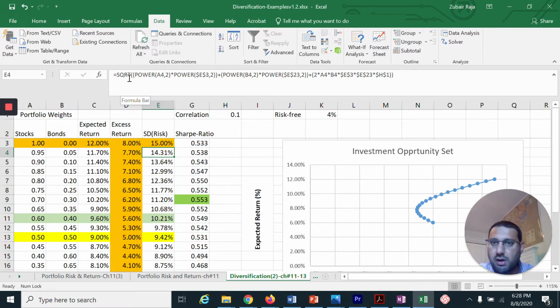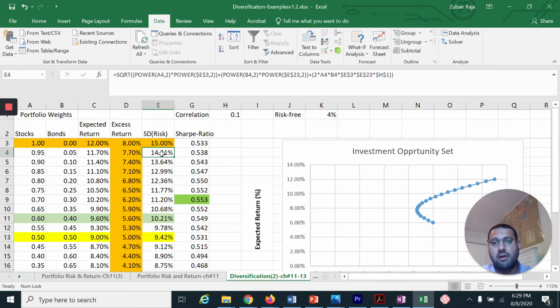So I took the square root, and inside that it's the sum of 3 terms, where the first term is the square of the weight times the square of the standard deviation, in other words the variance, of the stock, plus the square of the bond weight multiplied by the variance of the bond fund, plus 2 into the weights of both assets into the correlation multiplied by the standard deviation of both assets.